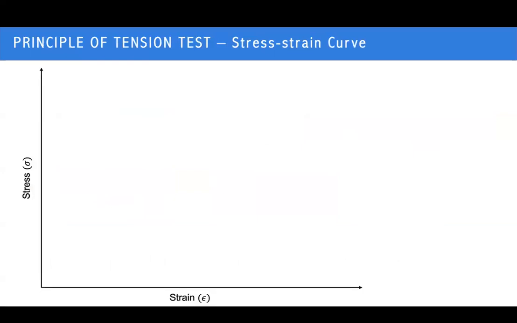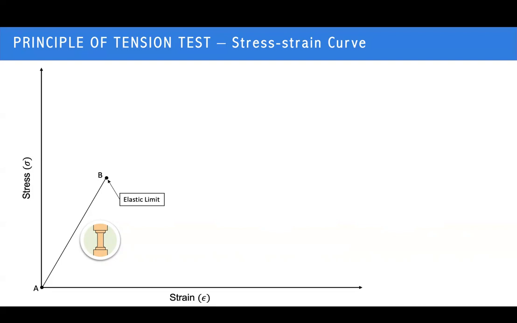So let's start talking about the principle of the tensile test. First, the material is given a particular force on the specimen, from point A to point B. In this stage, stress and strain are proportional to each other. Then at one particular point, there is the limit of the elastic deformation.